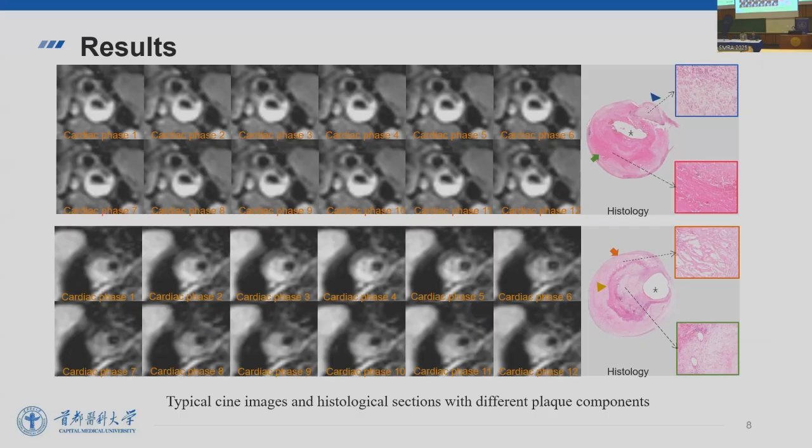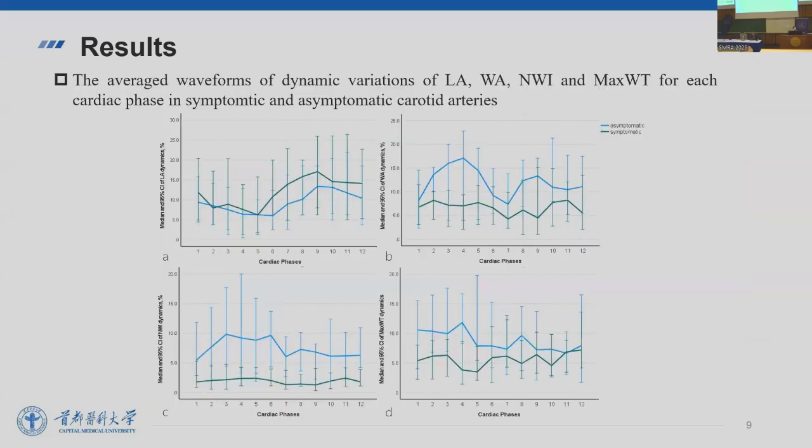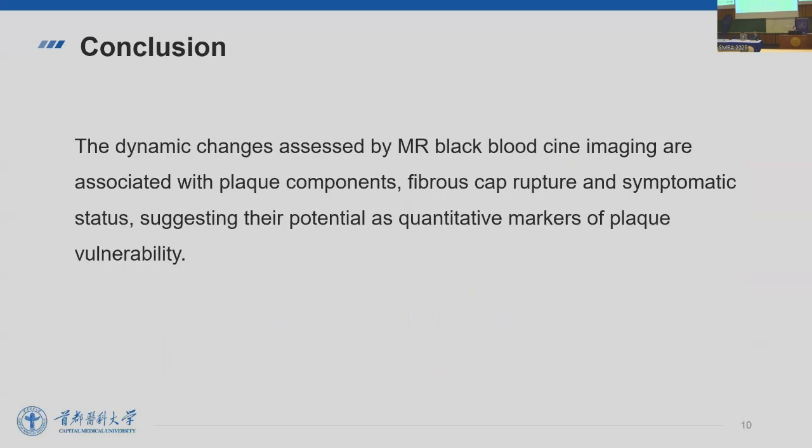The slices were histologically identified as having IPH and CA in part A of the figures, and having LRNC and LM in part B of the figures. Here are the averaged waveforms of dynamic variations of LA, WA, NWI, and max WT for each cardiac phase in symptomatic and asymptomatic carotid arteries.